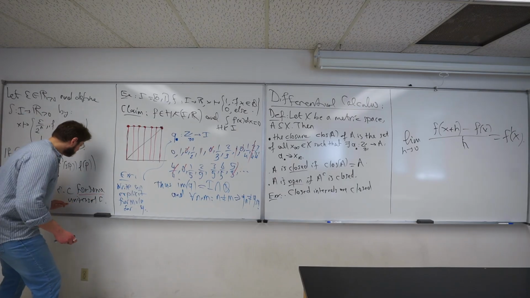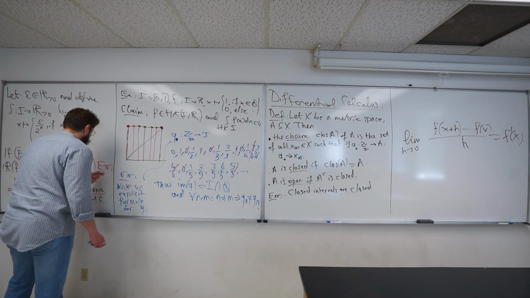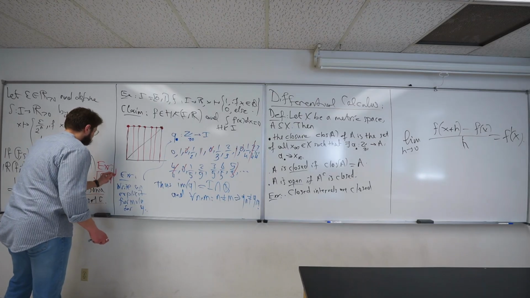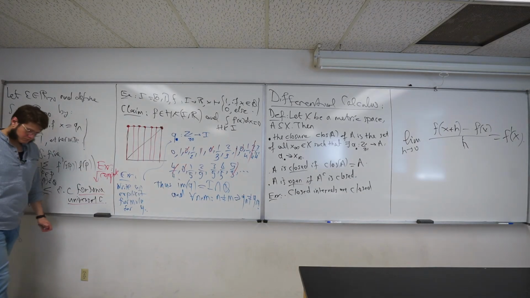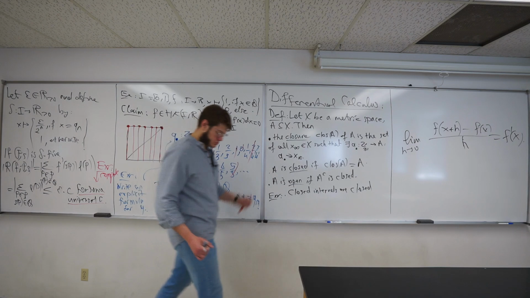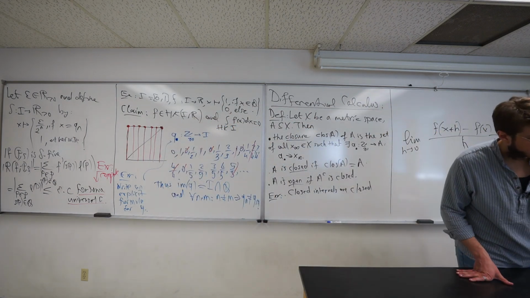And I'll leave it to you to compute this universal constant. Probably it's going to be like 3 over 2 or 1 over 2 or something like this. Very bizarre. Does this kind of make sense?